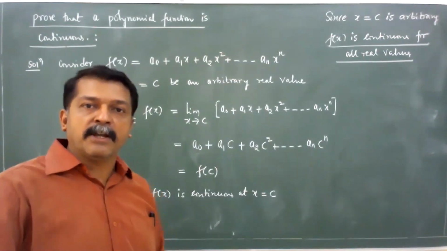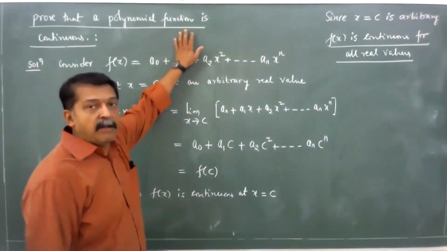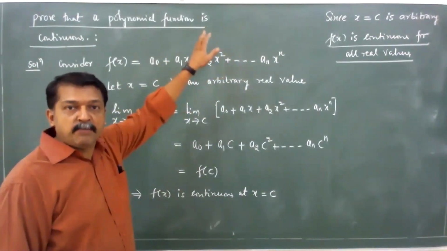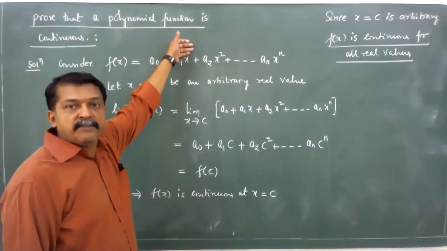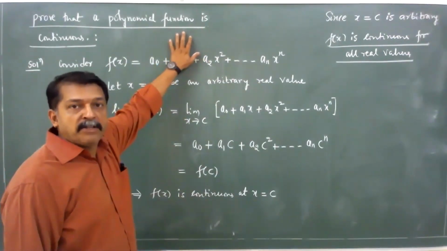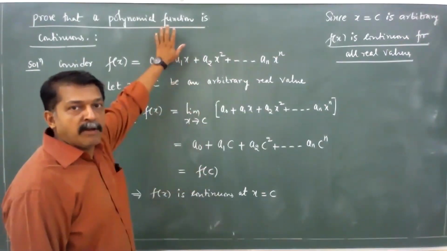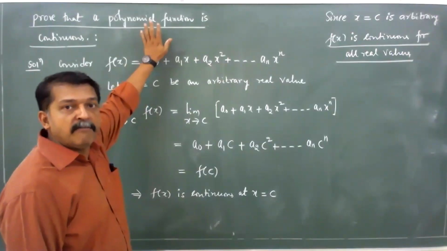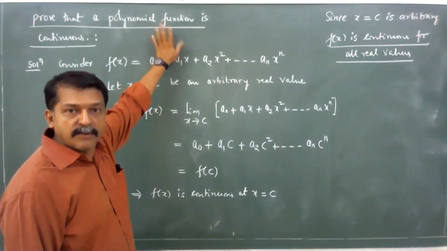All things are taken care of. In terms of graphs, set of straight lines, then set of parabolas, everything is taken care of by this one bookwork. Polynomial function is a continuous function. Remember this, a very, very useful result.